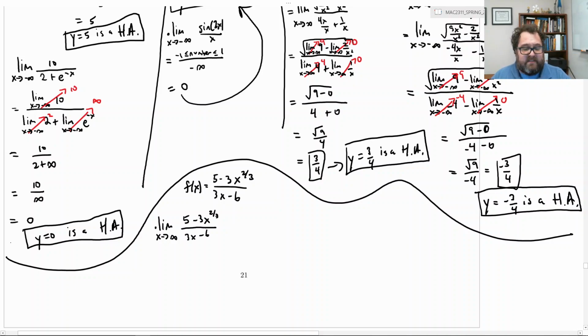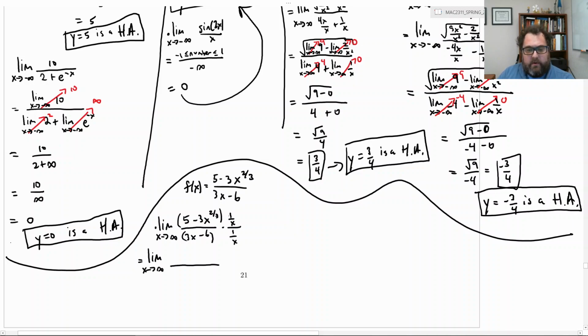Okay, now what's the highest power of x in the denominator? It's x to the first power. So let's divide the top and the bottom by x, so let's multiply by 1 over x. And now let's distribute, equals the limit as x goes to infinity.